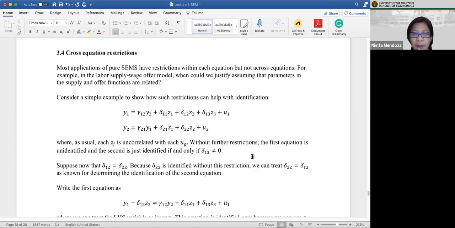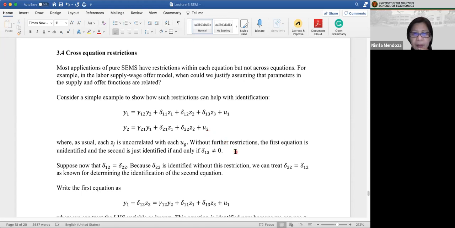We have the usual assumption that the z's are exogenous, therefore the z's are uncorrelated with the corresponding disturbances. So z sub 1, z sub 2, z sub 3 are uncorrelated with u sub 1, and z sub 1, z sub 2 are uncorrelated with u sub 2.